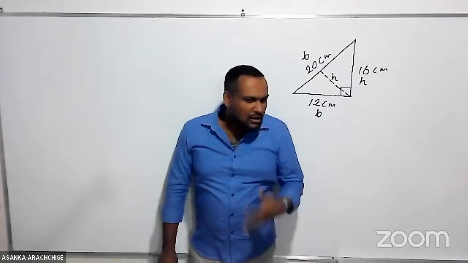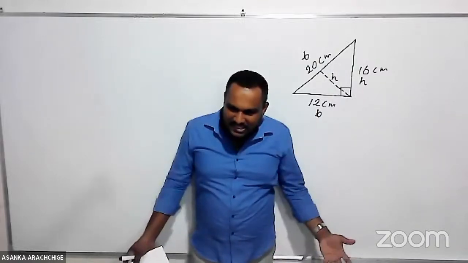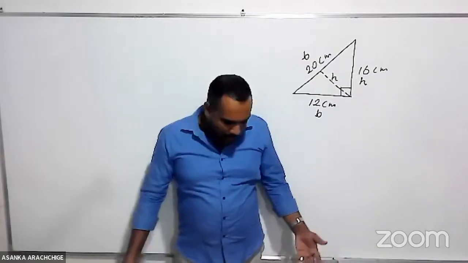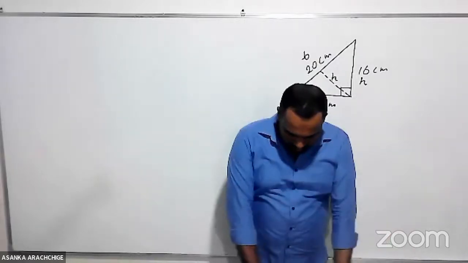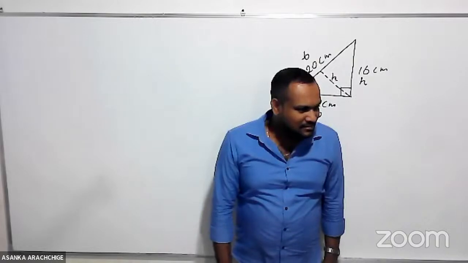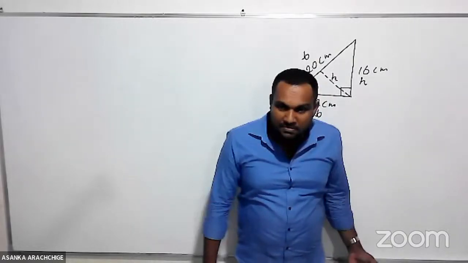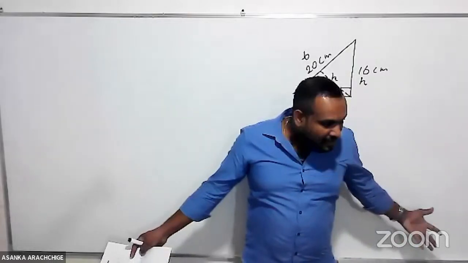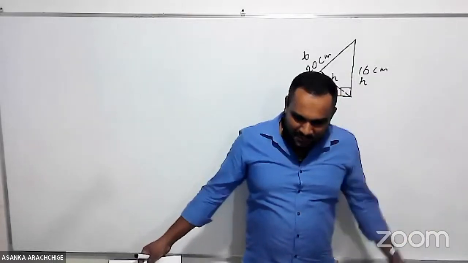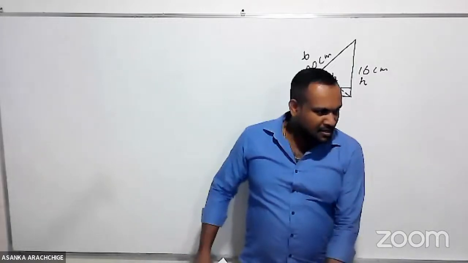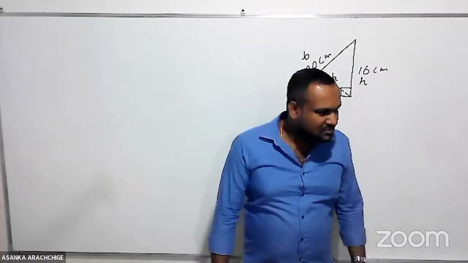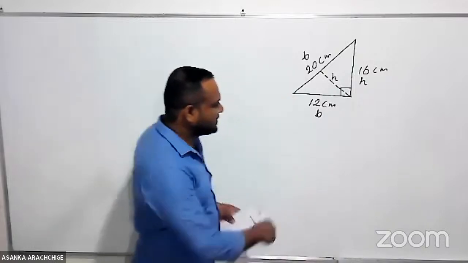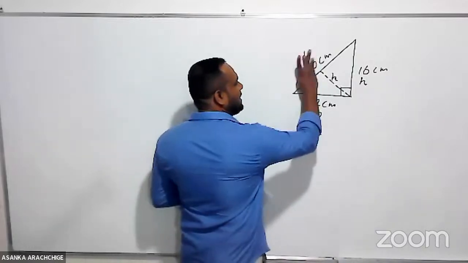Understood? So can't you find the same mass by getting onto an electronic balance? You can get onto the balance and read your mass in digits on the digital display. So this is also like that.